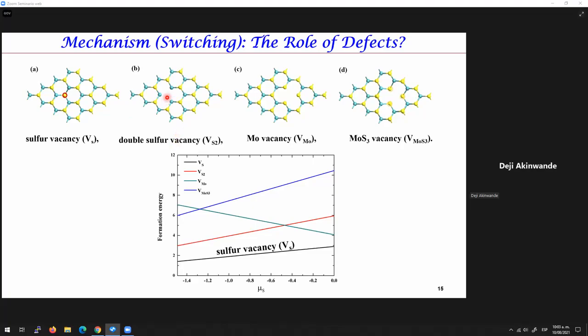The second most abundant is the double sulfur vacancy, where the sulfur on top and the sulfur below the molybdenum or metal atom are missing. So we said, okay, this might be responsible, and perhaps we can use scanning tunneling microscopy, STM, to further elucidate how these defects might be playing a role.